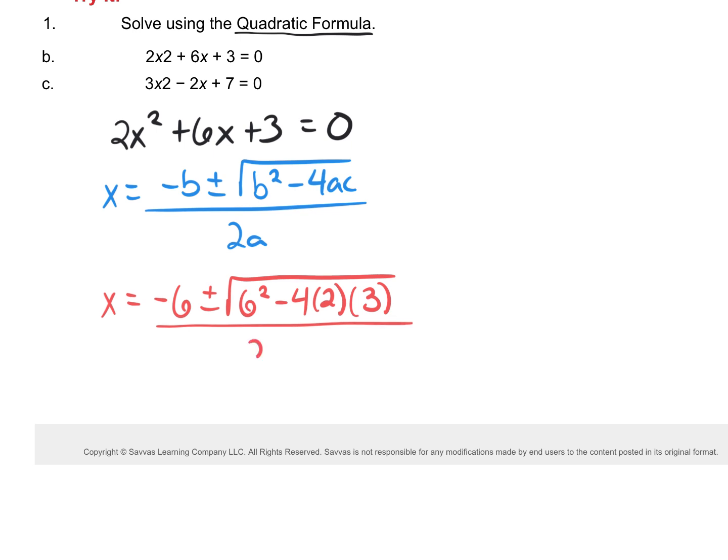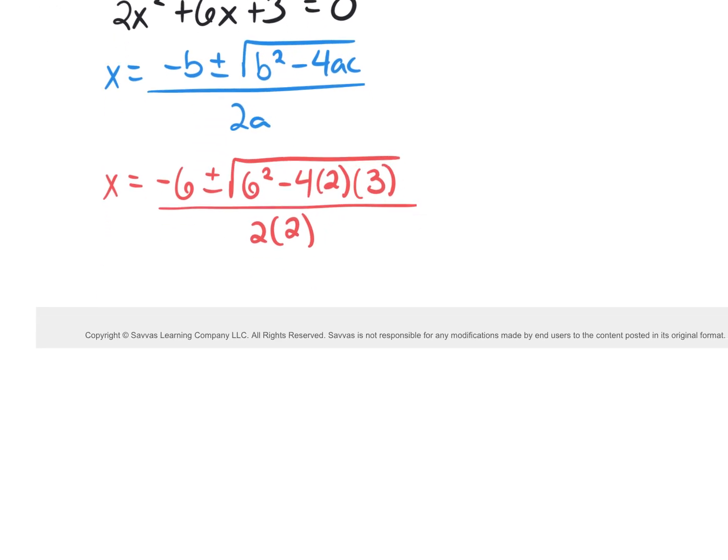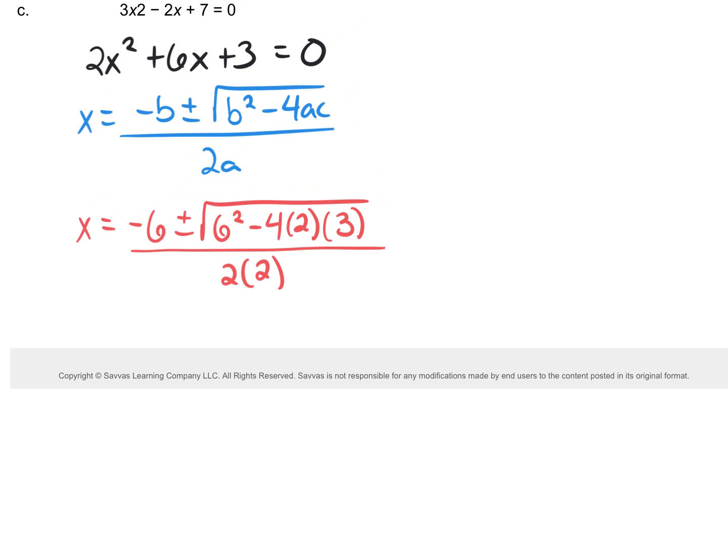All over 2, and then a is 2. What do I want to do first? Which part of this do I want to solve? The square root first, yes.